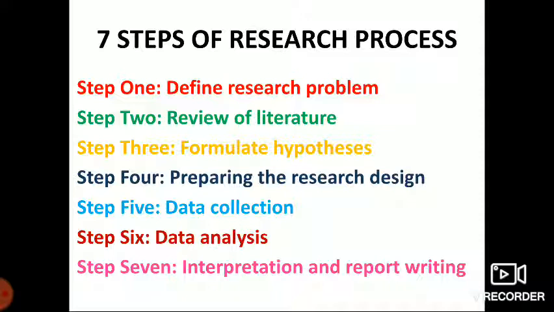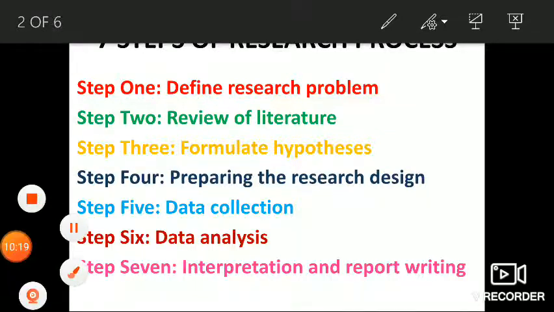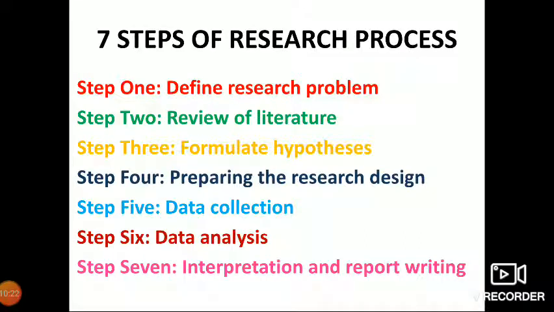After data is collected, the sixth stage is analysis. By using statistical tools and mathematical methods, we apply these tools and techniques to get detailed outcomes from the collected data.